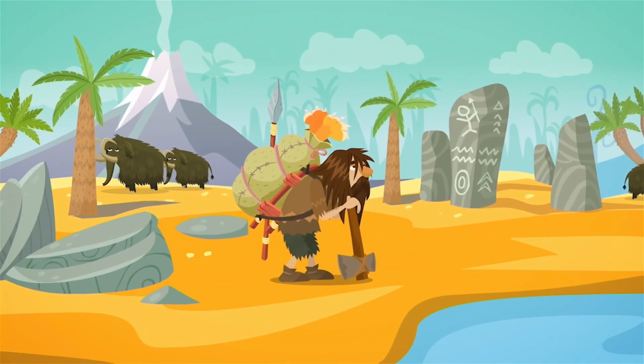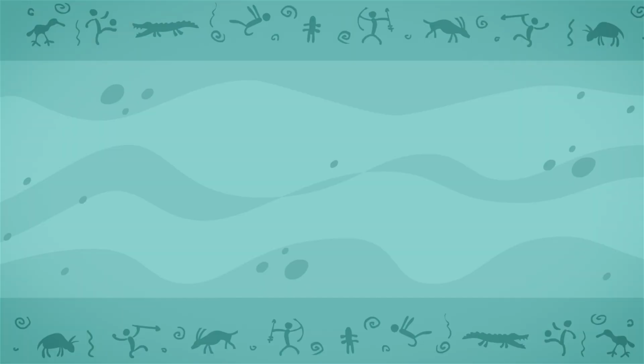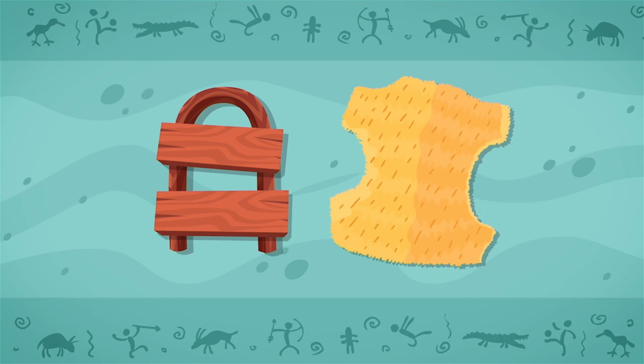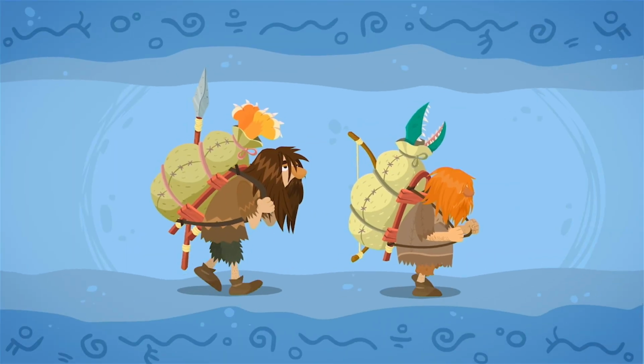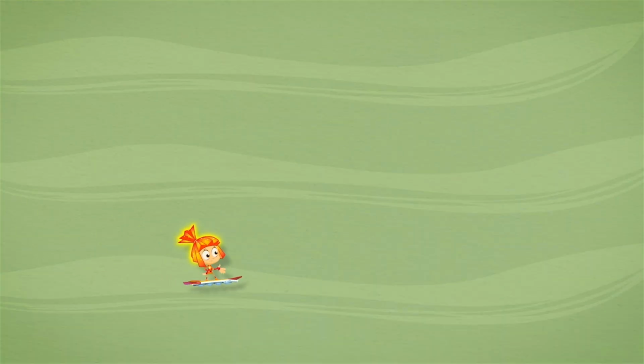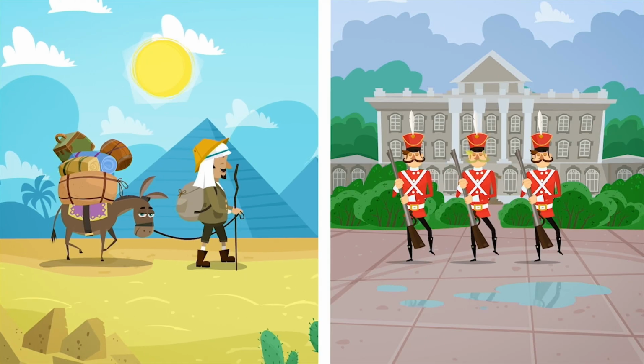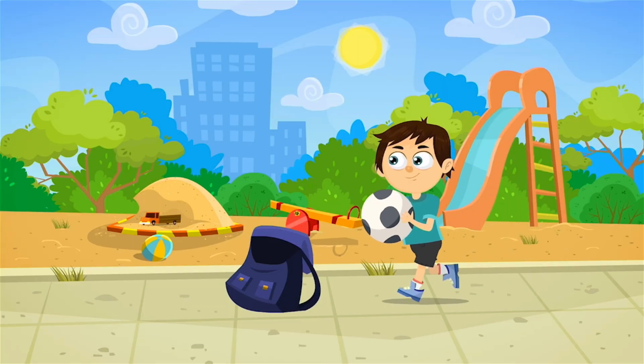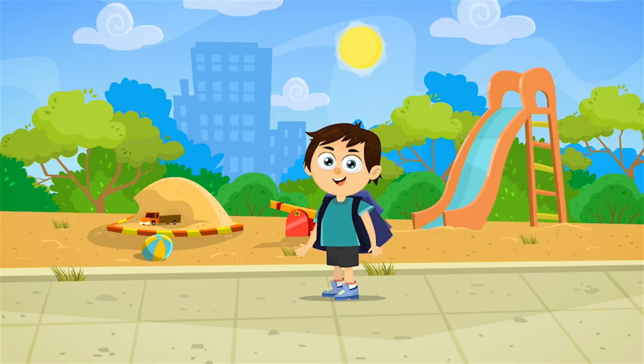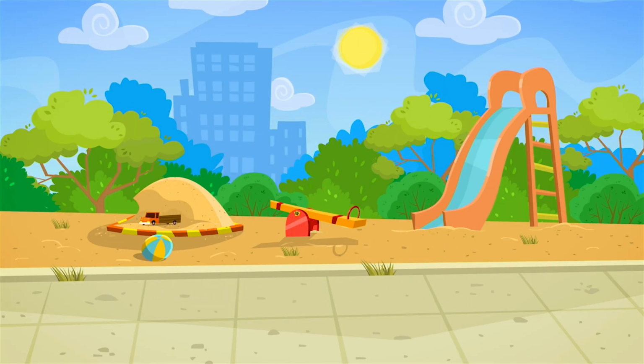The first backpacks were quite heavy and uncomfortable. They were made out of wood and leather. These kinds of backpacks were worn by ancient hunters. Later on, lighter backpacks appeared that were made out of canvas and became quite popular with travelers and soldiers. Today's backpacks are so light that even kids can carry them.